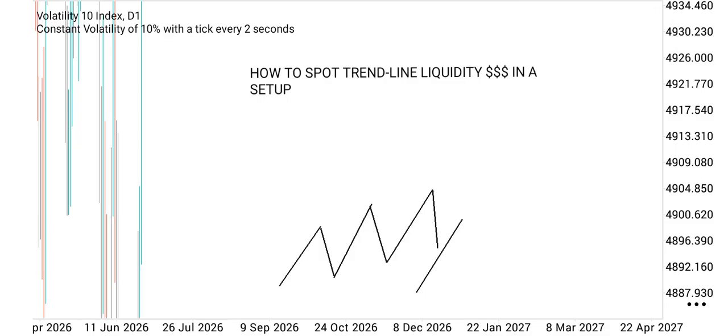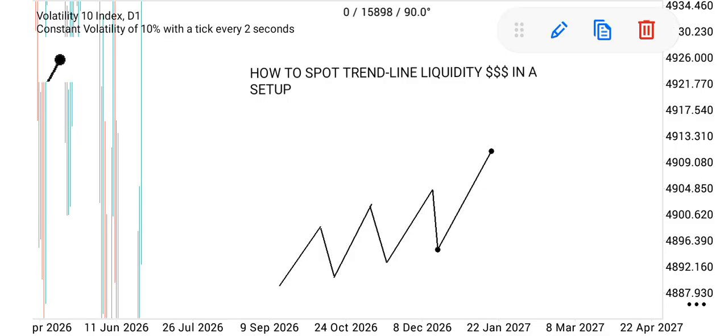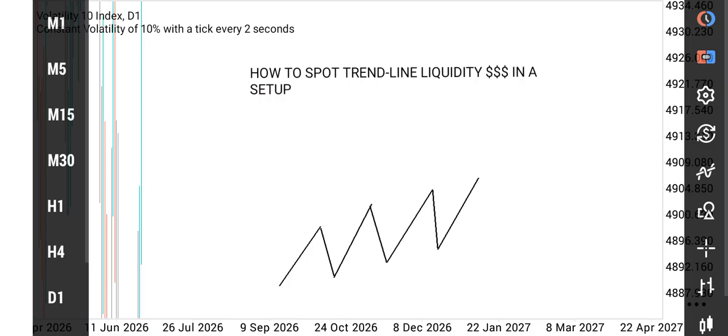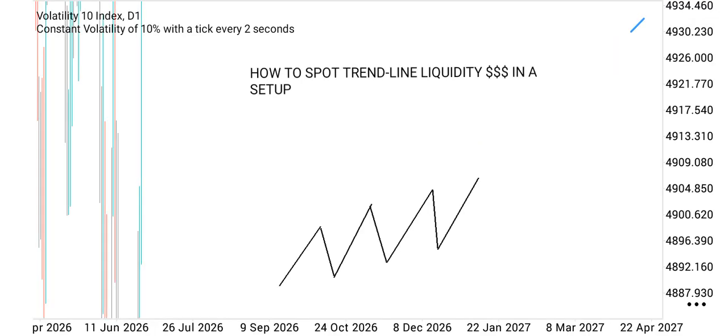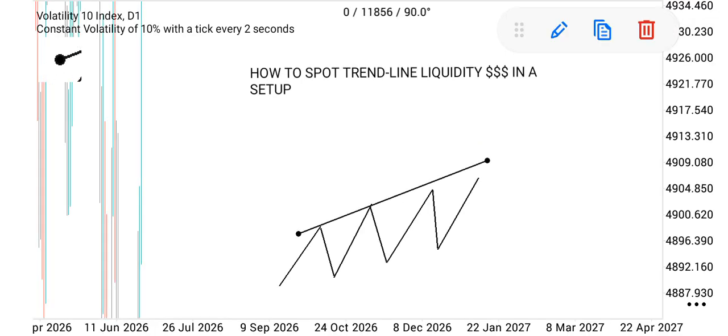Now when we see something like this, the market is pushing in a direction. This is a trend. Are you getting me clear? See, this is a trend.